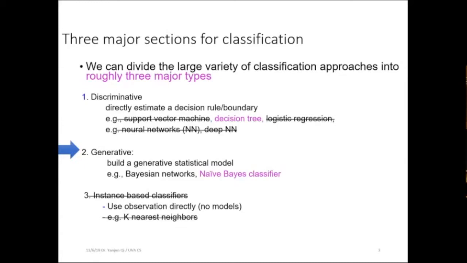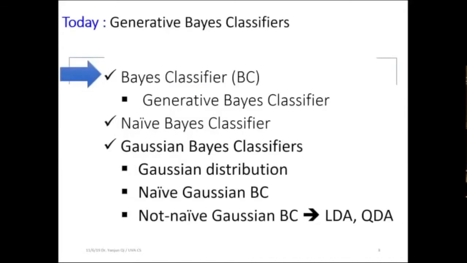But SVM has no probabilistic formulation in its classification decision. And then the generative model, which is what we're going to cover today, uses a probabilistic formulation to perform classification. And this is the roadmap.